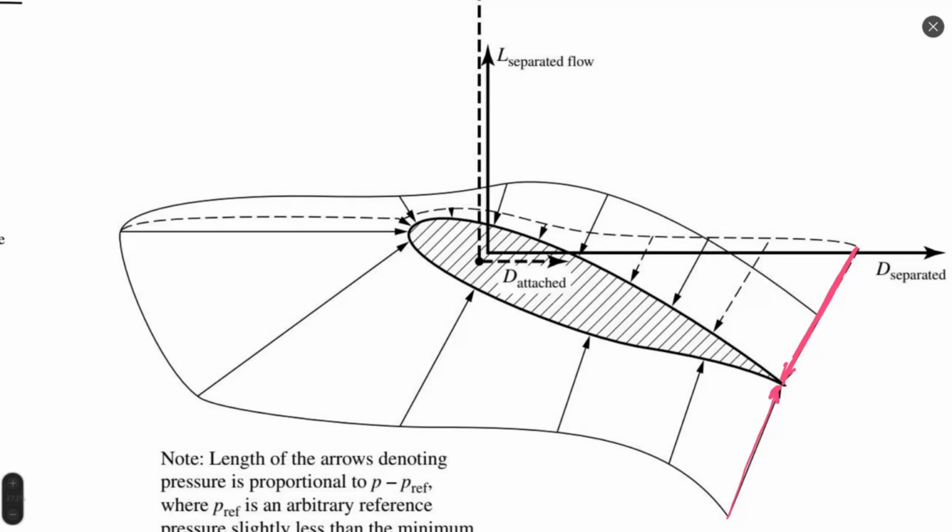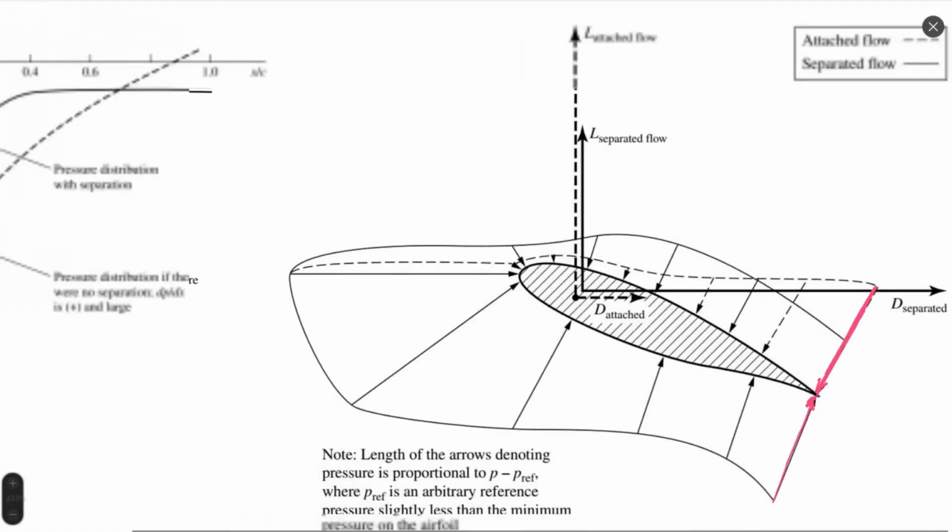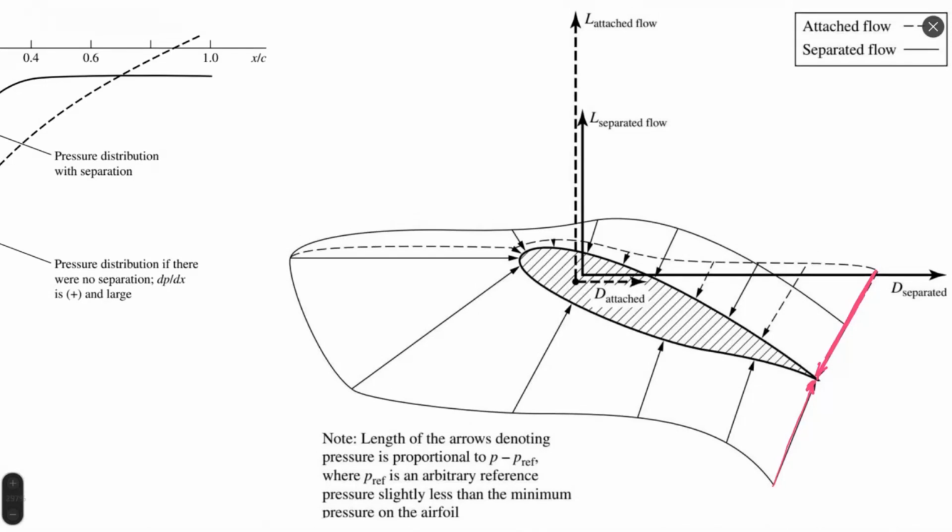It's a completely different picture for the two cases, right? And because of this difference on the upper side, we have a difference in lift: lift on attached flow and lift on separated flow as a result of pressure acting on the surface.